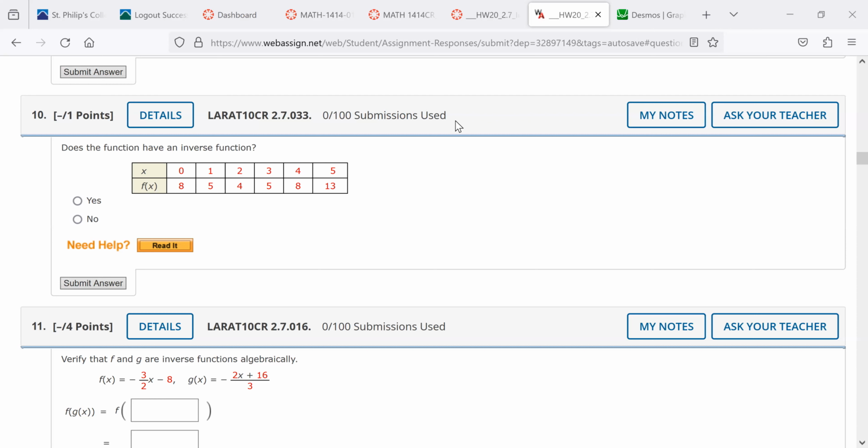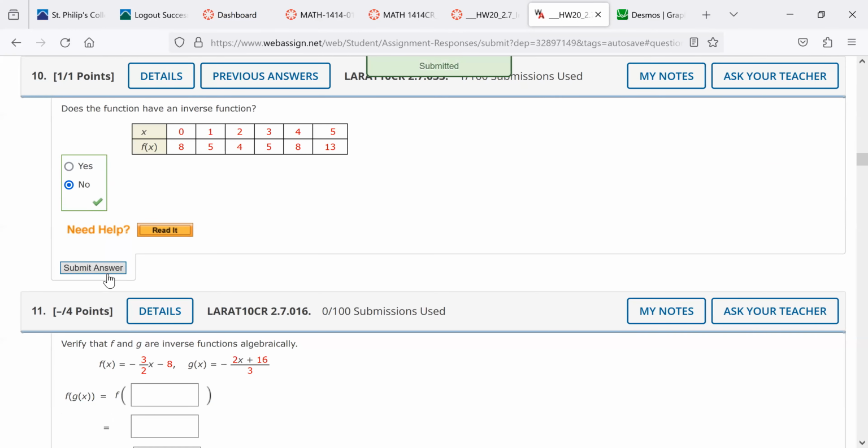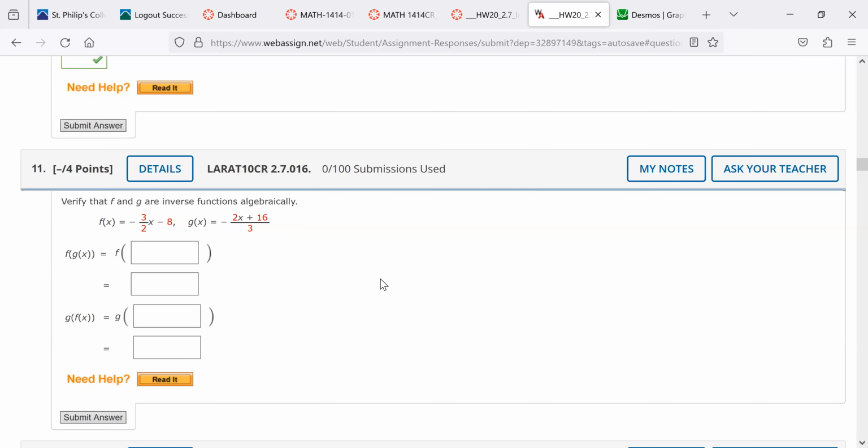So because there's two x's that share a y, this would fail the horizontal. So if you see the y repeat with different x's, then no.